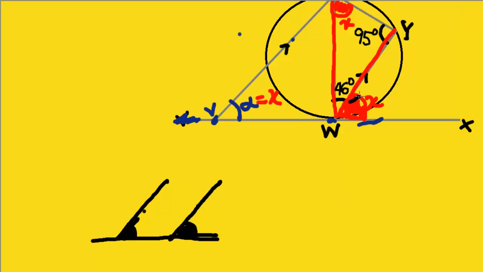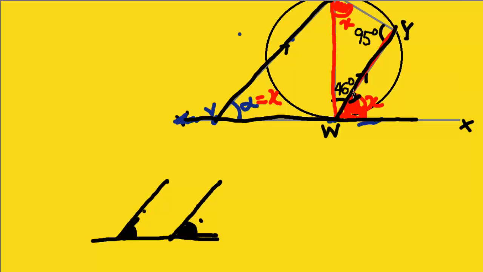And that's what I've done here. This line, WY, has been given to be parallel to VU. And this horizontal line touches both of them, just in the same manner here.